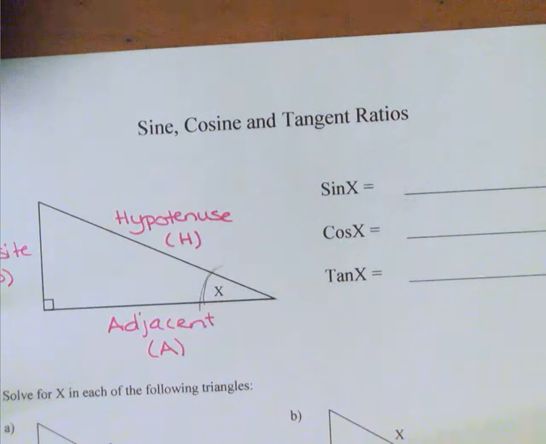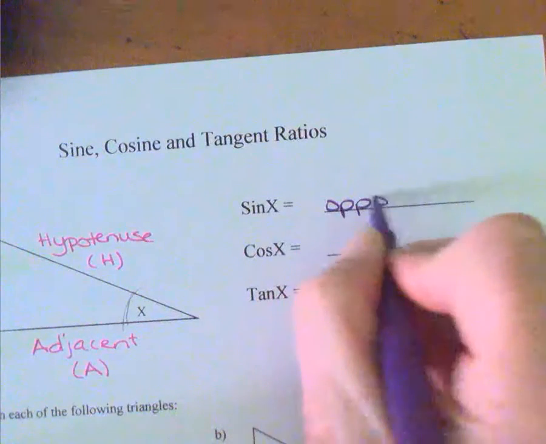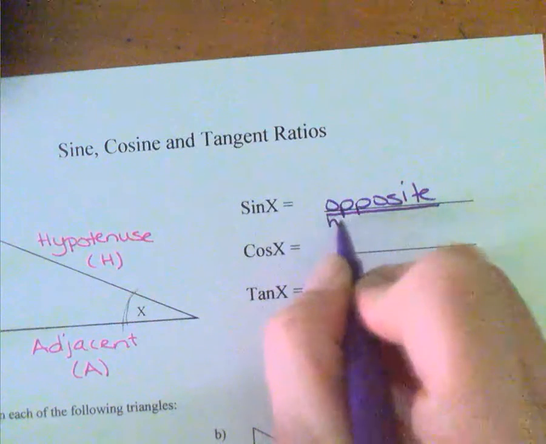Then the three ratios. Sine is the relationship of the angle with the opposite divided by the hypotenuse.